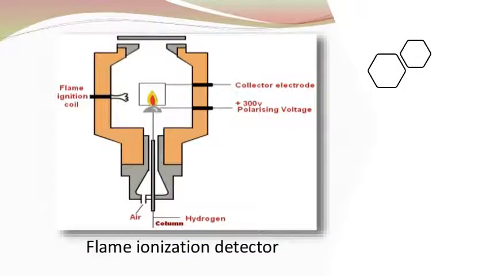So this is the diagram of FID, in which the hydrogen flame is maintained under this platinum and quartz plate. Two electrodes are there which generate the potential difference on producing the ions, and which go on producing the current which is recorded.